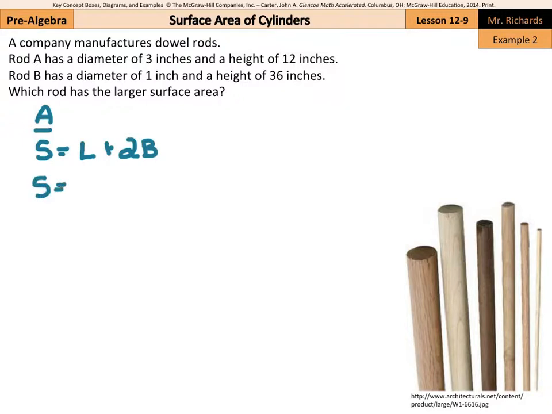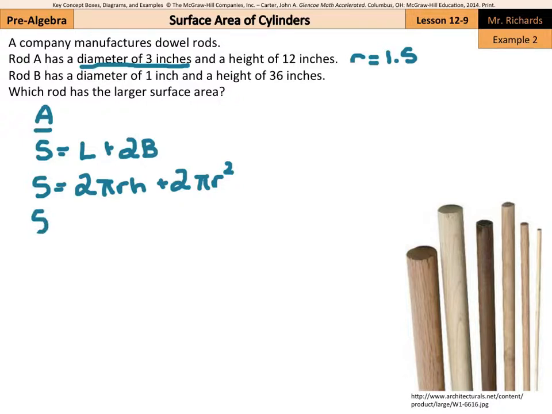And if we put in the variables we need, the lateral area is 2 pi r h plus 2 times the area of the base, which is pi r squared. Now, be careful, because once again we're given a diameter of 3 inches, which means our radius is half of that, which is 1 1/2 inches, or just 1 5/10.